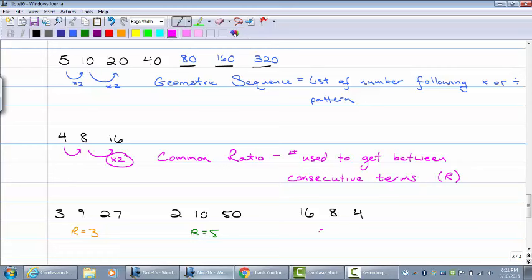Most people would say it's divided by 2, but instead we want to talk about what it means if you're multiplying. This is going to be r is 1/2. It gets half the size. Okay? So if you look at a problem and you see a division pattern, just flip it over.